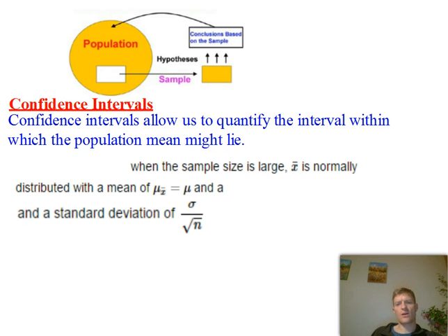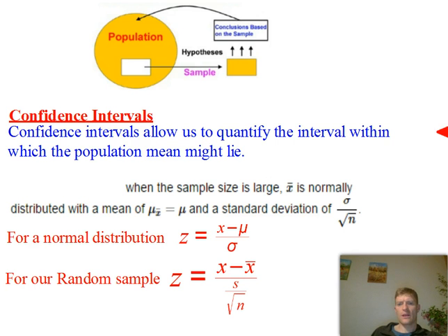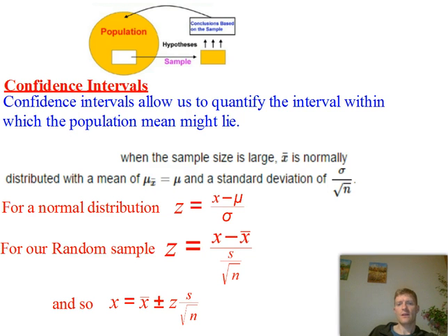However, when they're not known, we can only use the information that we do have, and it becomes an approximate estimation. For our normal distribution, our z-score is given by this expression. Our standard deviation and our mean for the population are unknown, so we use the sample mean and the sample standard deviation, S. They become our statistics to estimate with.